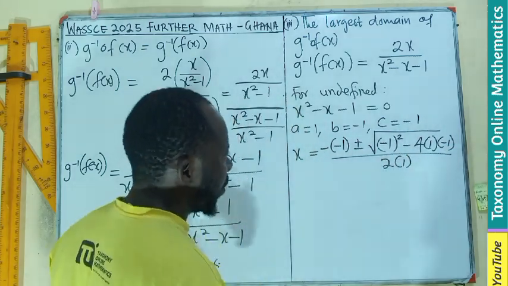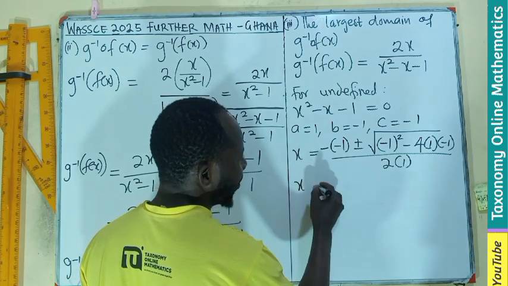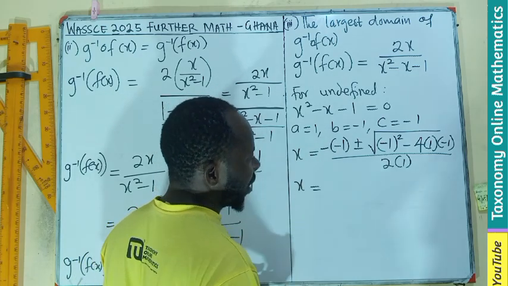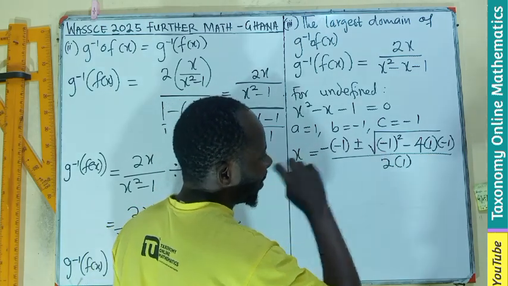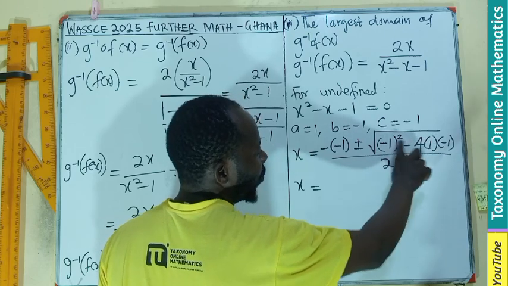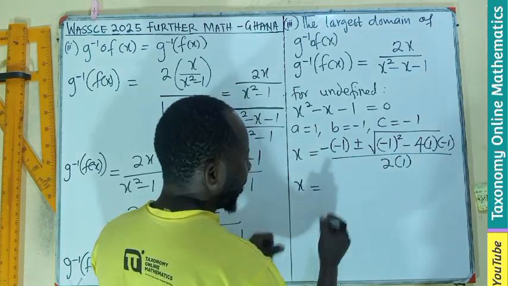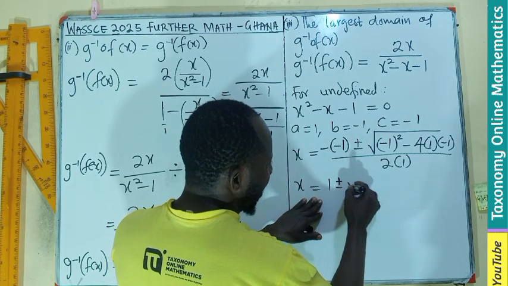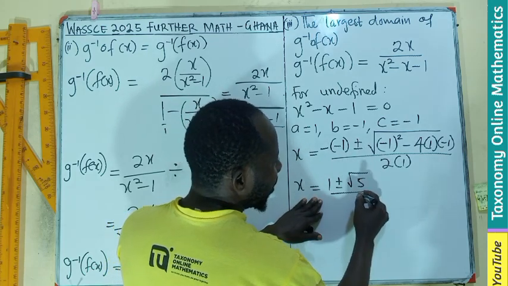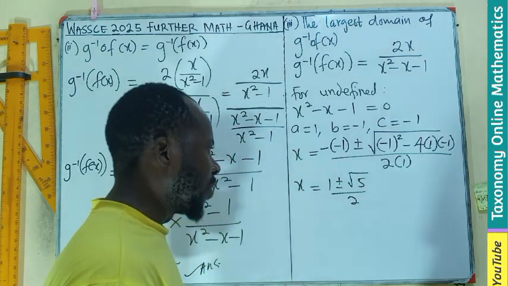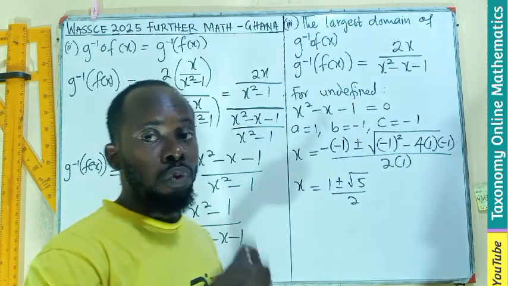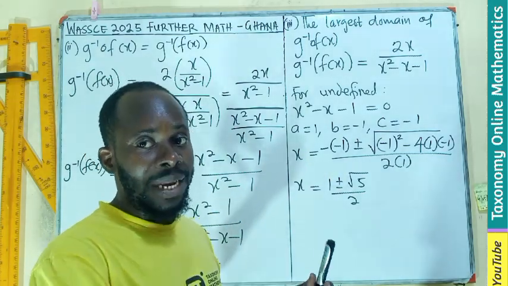So I'm just going to go ahead and have my x equal to 1 plus 4 positive, so 5 will be in here, over 2. Let's put all together to be 1 plus or minus the root of 5 divided by 2. We're going to have two values in here. Those two values cannot be part of the domain.